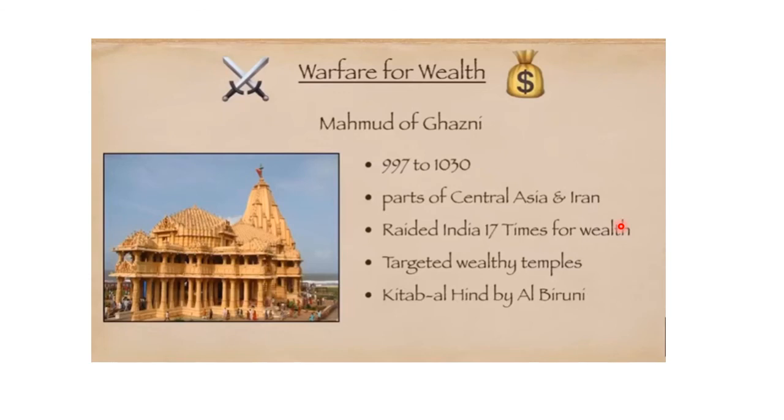He also left back a scholar in India who wrote a book called Kitabul Hind in Arabic, describing how the people of India were, their habits, their clothes, their occupation, everything. A detailed account of India has been written by Al-Biruni in a book called Kitabul Hind.